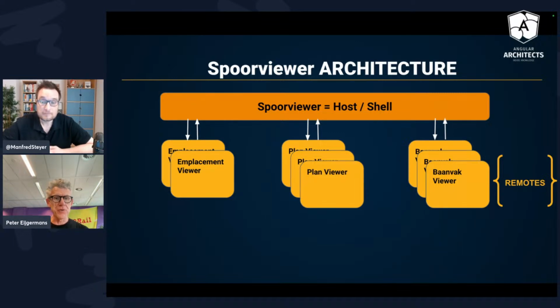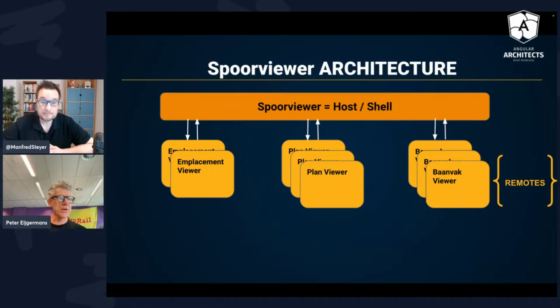The Approximate Viewer you can load multiple times. You can also load the Plan Viewer and Baanvak viewer multiple times on the screen, and those are micro frontends. The Approximate Viewer follows the train positions, and you can also see the current infrastructure conditions, such as route settings and occupancy.